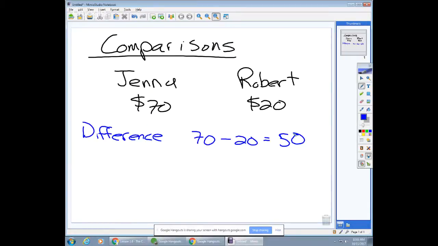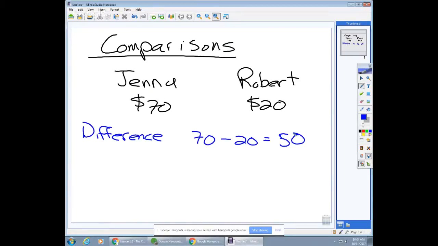Is that a lot more or a little more? Or does it depend? It kind of depends. If Jenna had $1 million and she had $50 more than Robert, does she have a lot more than Robert? No, you can't even tell the difference. But here, Jenna has 70 and Robert has 20, so 50 feels like a lot more. So just finding the difference isn't necessarily meaningful, but it does mean something.